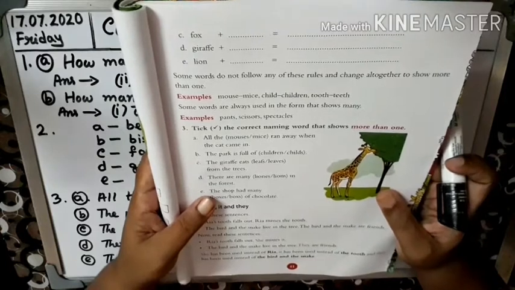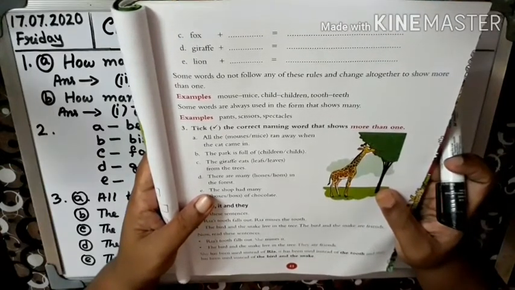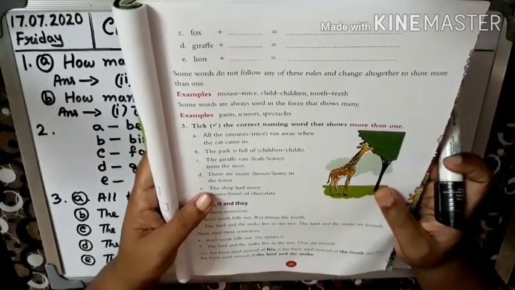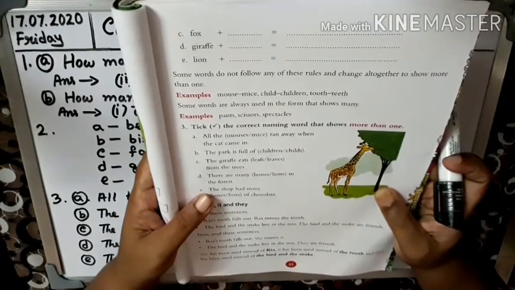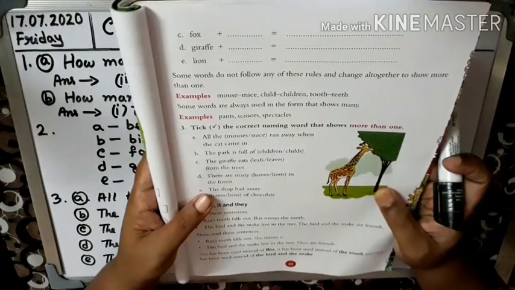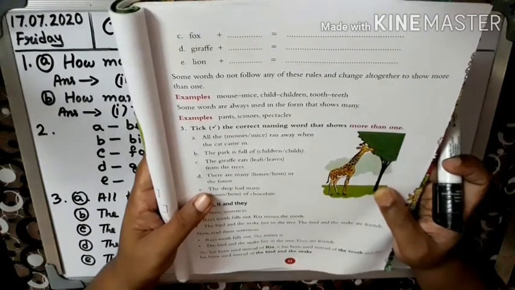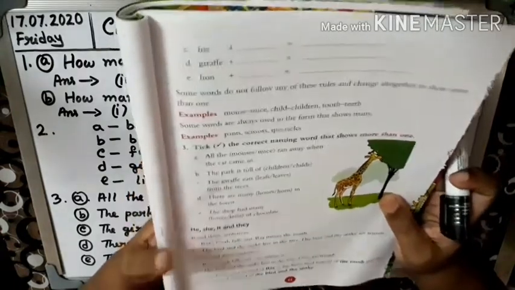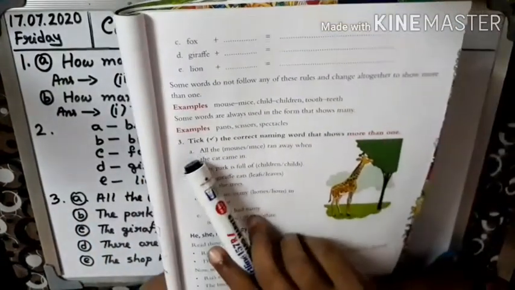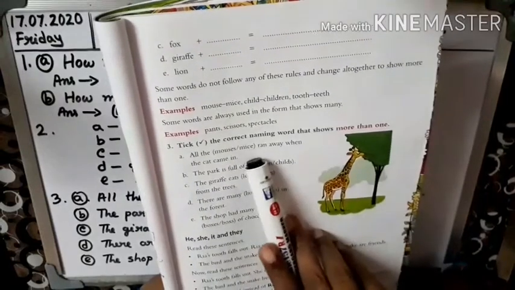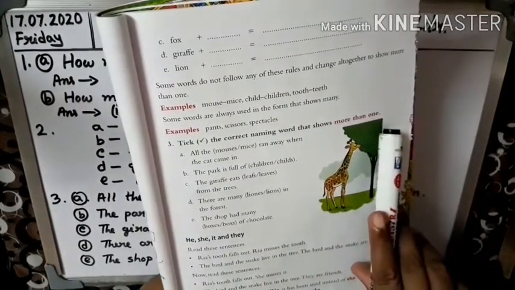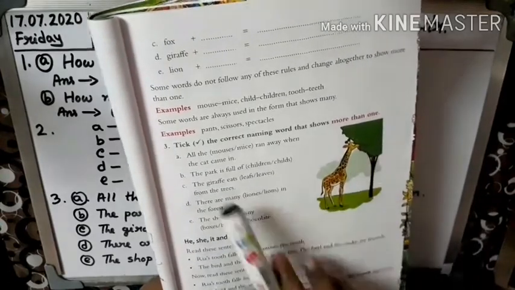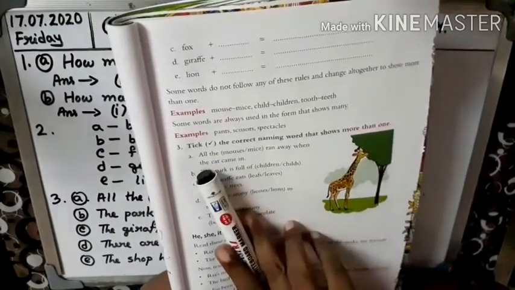Next, some words are always used in the form that shows many: pants, scissors, spectacles. So, number 3, tick the correct naming word that shows more than one.